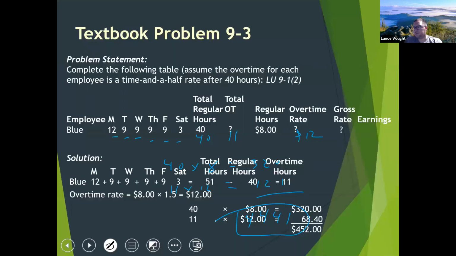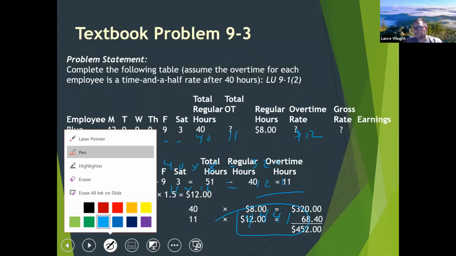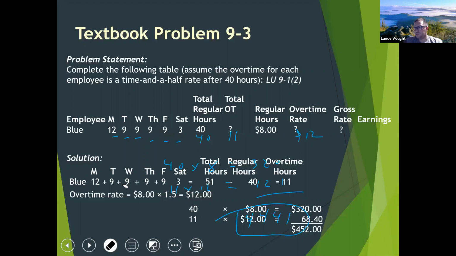Whoa, I guess I made a mistake. I think that they made a mistake. I don't know how you get 6840 out of 12 times 11, but it's what I said. Actually, it's 132, so it's still wrong. We're both wrong.